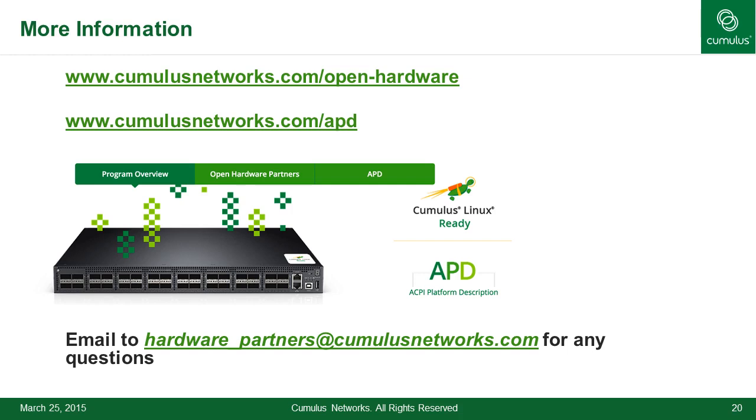Like I said earlier, we're not reinventing the wheel, and the APD is going to use the exact same format as ACPI. So when you describe your switches in that format, you are using a standards-based format. And if you're talking about the submission to join the program, there's a very quick two-page form, just to fill in blanks. So it's all standard to submit your information.